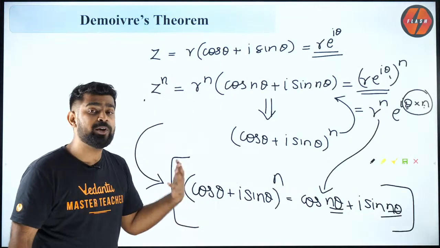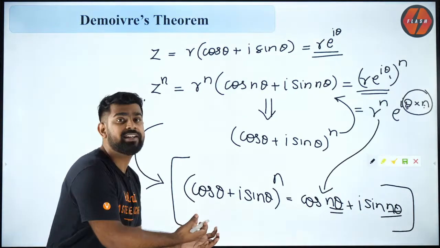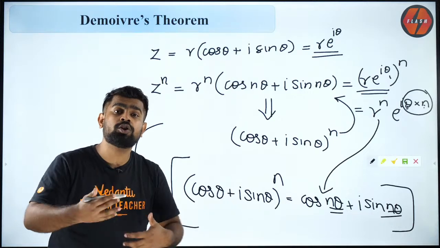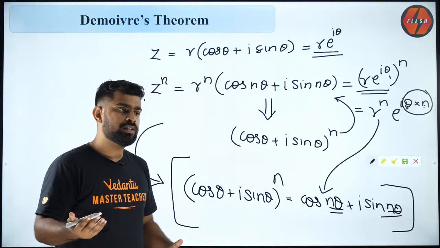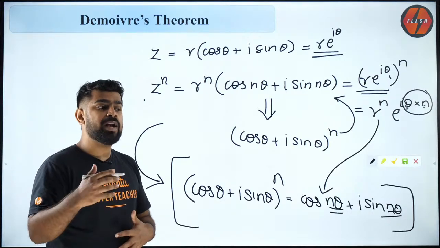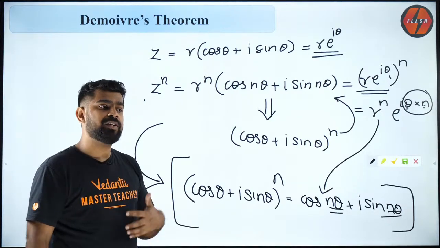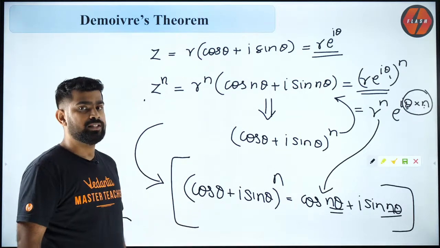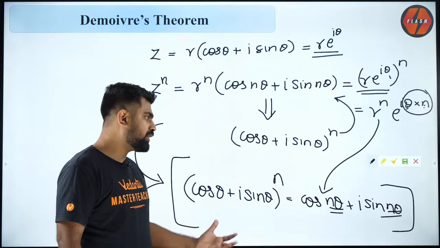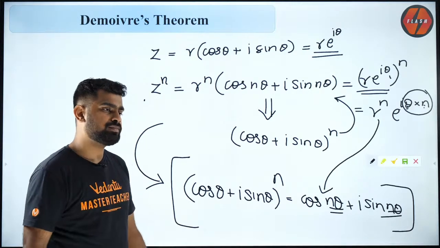And guys, let me also tell you that this particular De Moivre's theorem can be used to solve some trigonometry questions also. That is a very, very good method. So keep that in mind.